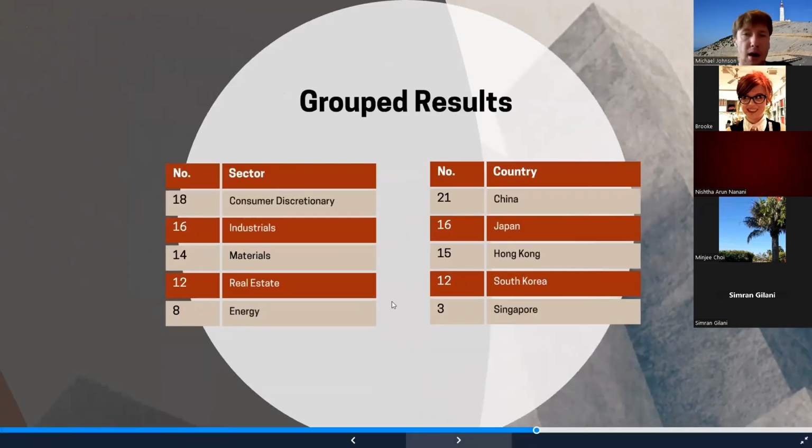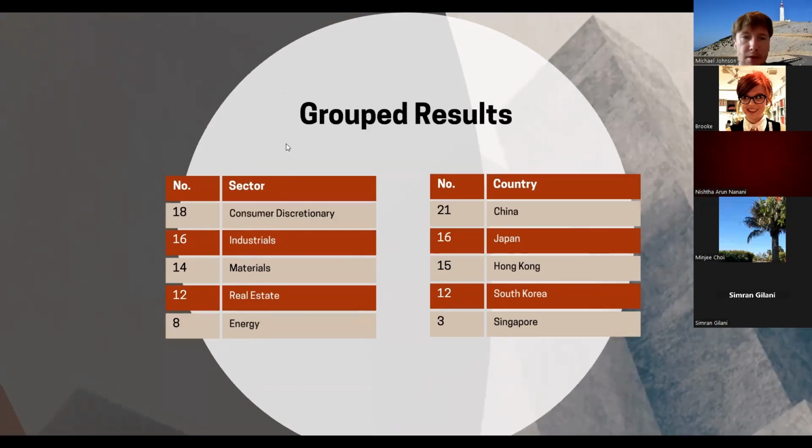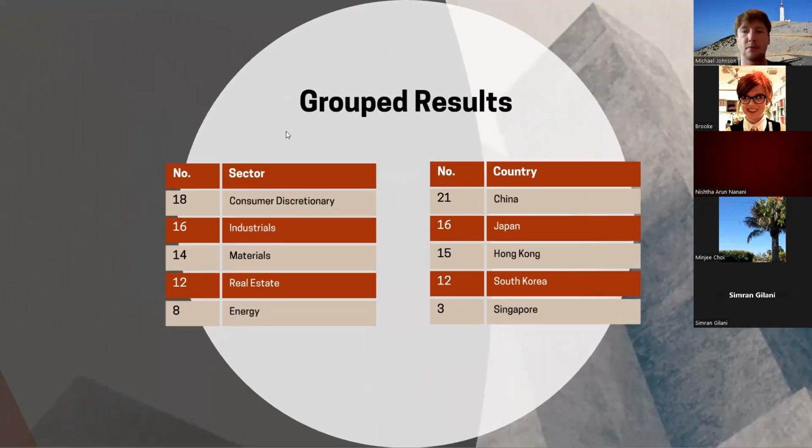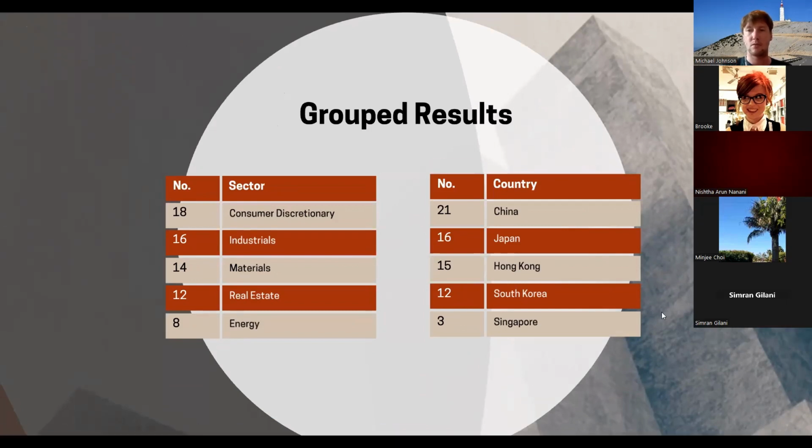And then for growth stocks, you would look at, let's say, consumer discretionary, industrials, materials, real estate, and energy. So for growth stocks, look at return on equity, earnings per share.